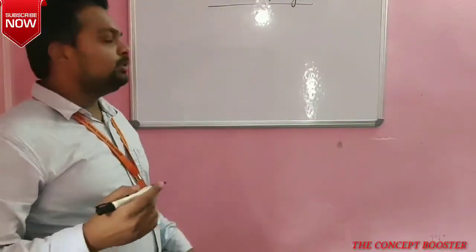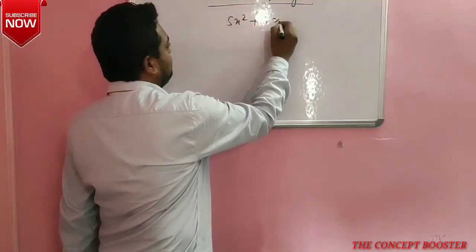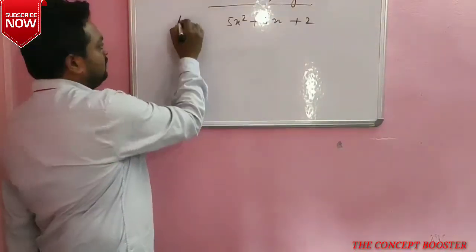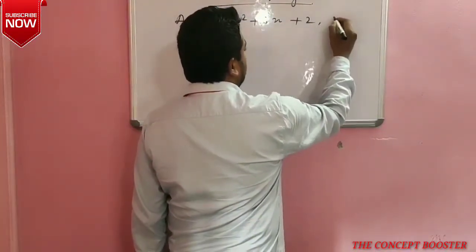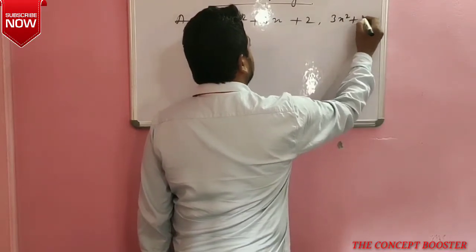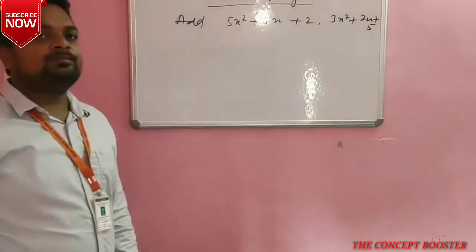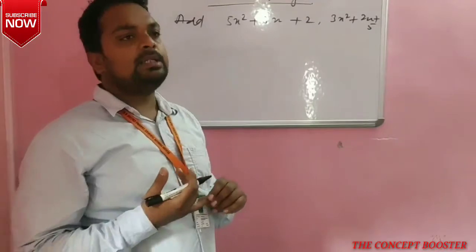Suppose we have two algebraic expressions, just take it like 5x square plus 3x plus 2, okay, and we have to add it with 3x square plus 2x plus 5, suppose. Okay, so for adding these two algebraic expressions we have two different methods that we commonly use.